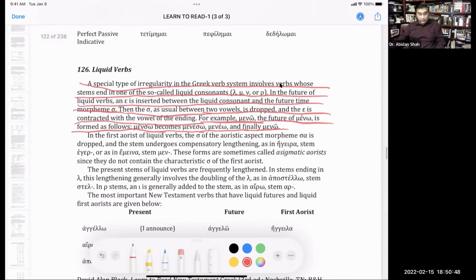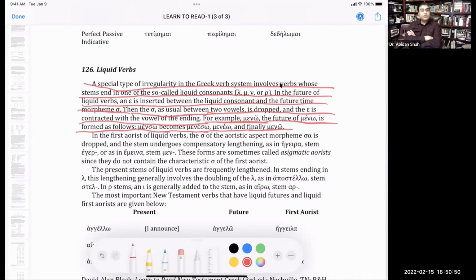Liquid verbs. I do want to talk about this very quickly. A special type of irregularity in the Greek verb system involves verbs whose stems end in one of the so-called liquid consonants, which is lambda, mu, nu, or rho. Again, keep in mind, I go by pronunciation, not by the designation of each alphabet. So la, ma, na, ra. So what happens here?